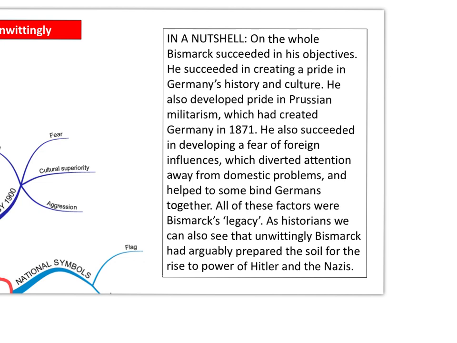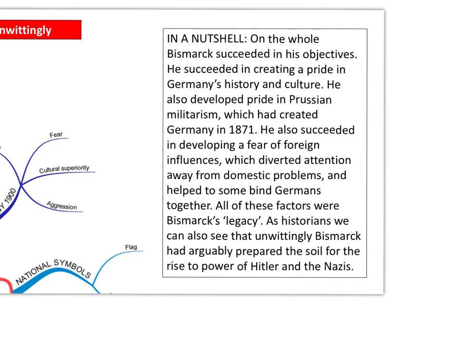And there is an argument that what Bismarck had done is he had created, unwittingly, without knowing what he was doing, a strong sense of nationalism and pride, and a culture where foreign influences were seen as dangerous.